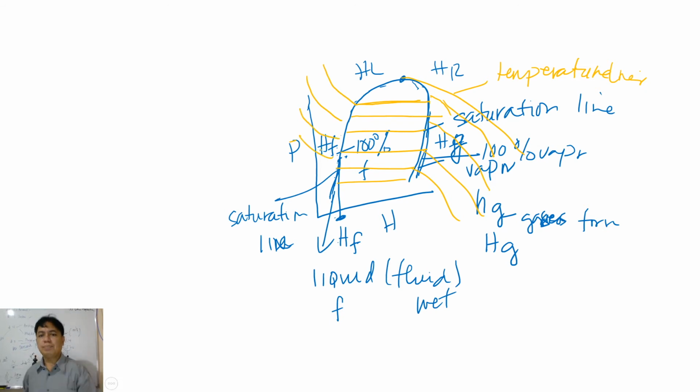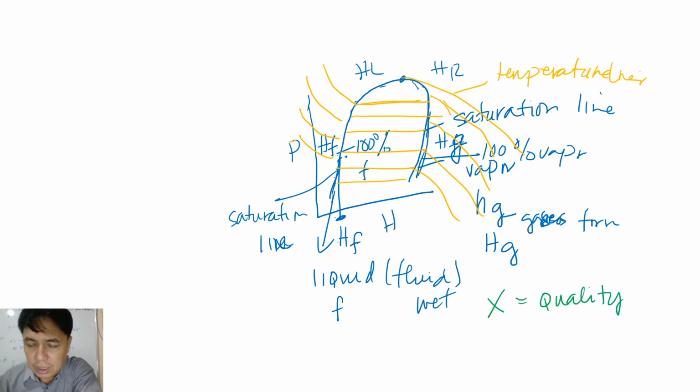So we learned about the temperature and the pressure, where they are located, and now we are going to discuss another property, the so-called X, not the X axis, but quality. In a steam power plant or refrigeration, it is used.